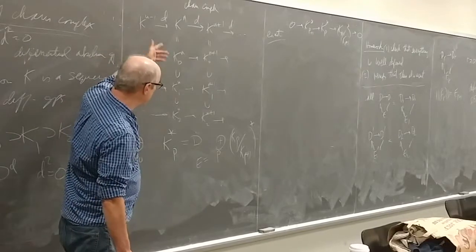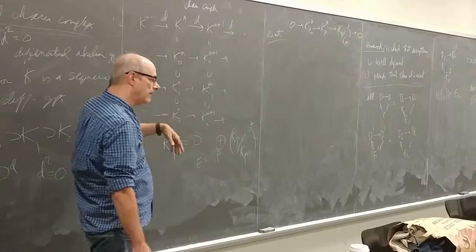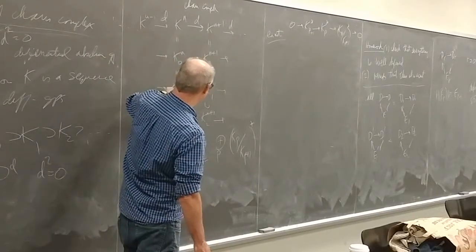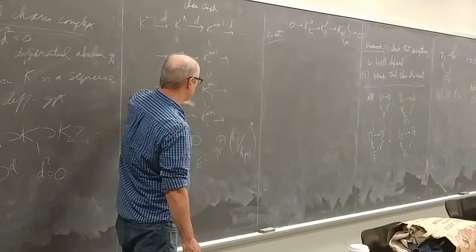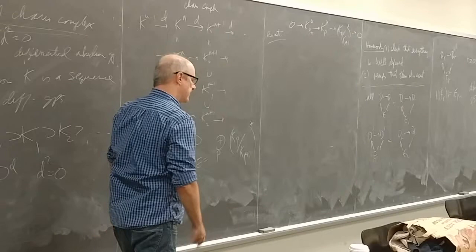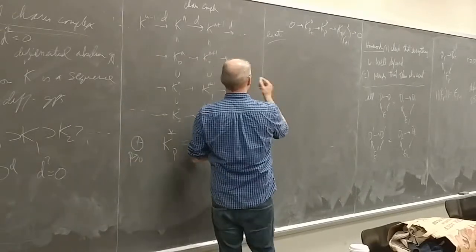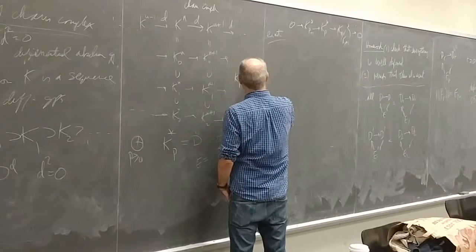So the grading and the filtration don't have much to do with each other, except that the filtration consists of subcomplexes, and I'm just assuming that they have the same grading. So for example, I wasn't going to write this, but you could write this.